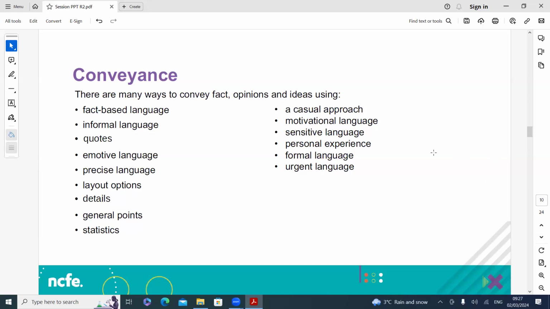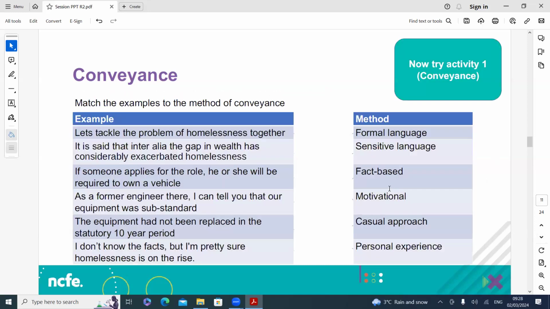Okay, any questions about any of those ways listed? Okay, so we're going to match the examples to the method of conveyance. So how does the example convey its message?